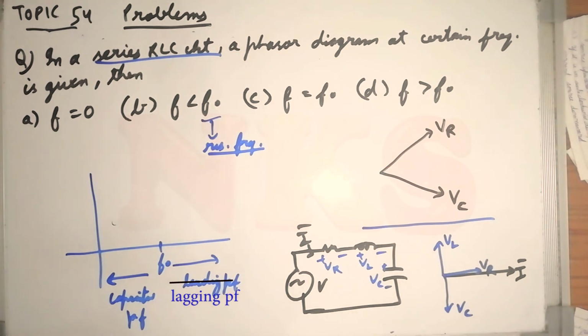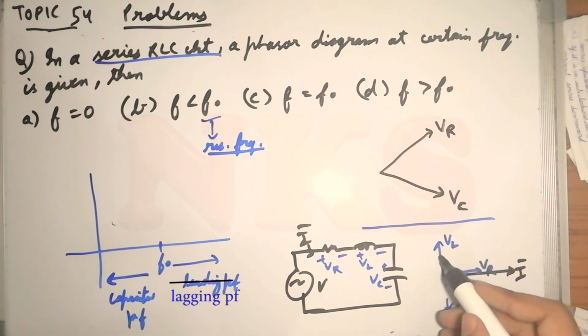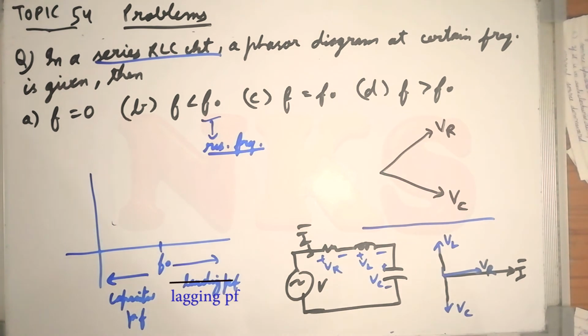At resonant frequency, the VL magnitude and VC magnitude will be the same. So these phasors will cancel each other and we will remain with only VR. But if the frequency is not the resonant frequency, then what will happen? We have to analyze this.